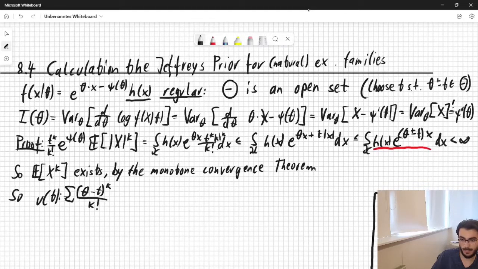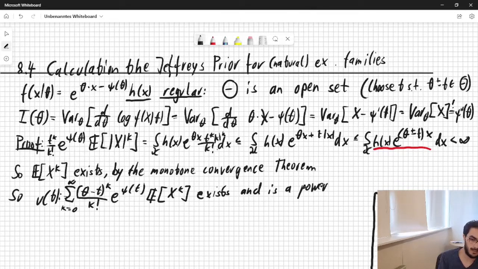And I'm going to sum over this for all values, times e to the power of psi of t. This doesn't change anything for the convergence, times the expectation of x to the power of k exists, and is thereby a power series, which implies that it's infinitely often differentiable.